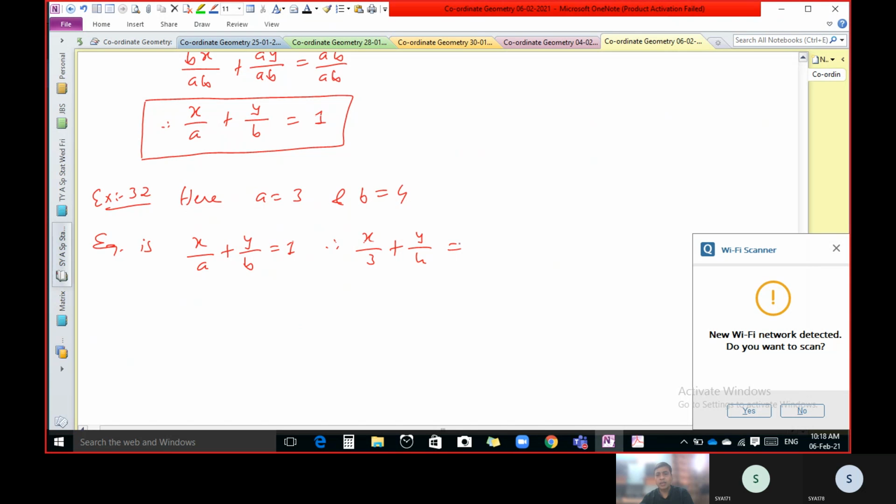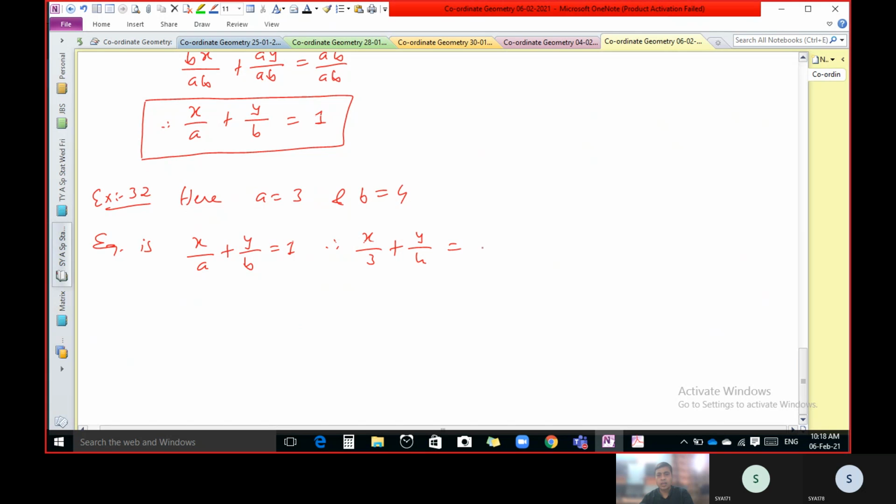Then simplify. Take LCM 12. So we get 4x plus 3y, and take 12 to the other side. So our final answer is 4x plus 3y minus 12 equal to 0.